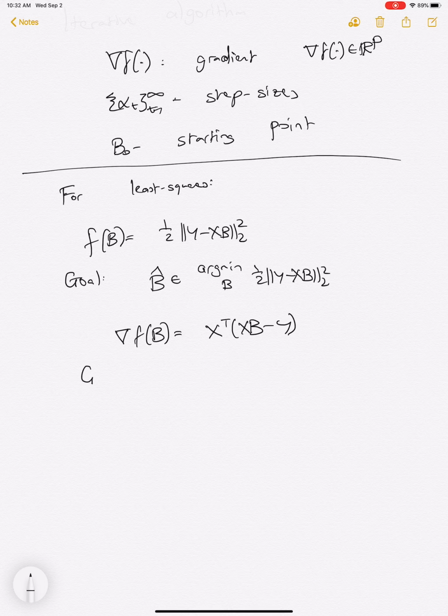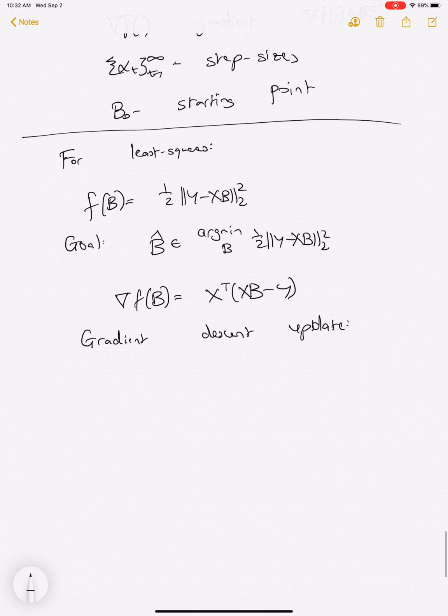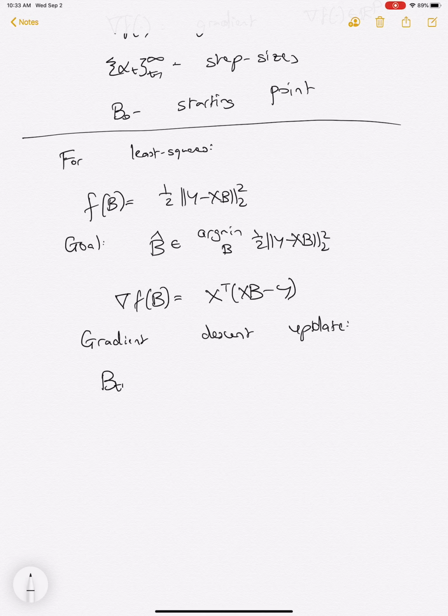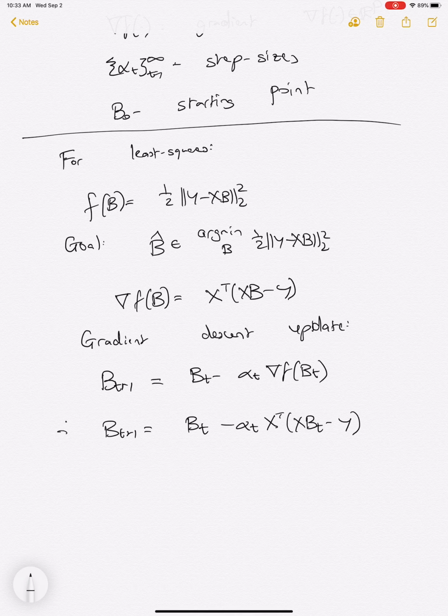So then the gradient descent update is just, in our particular case, going to be this, and this actually has a very nice form.